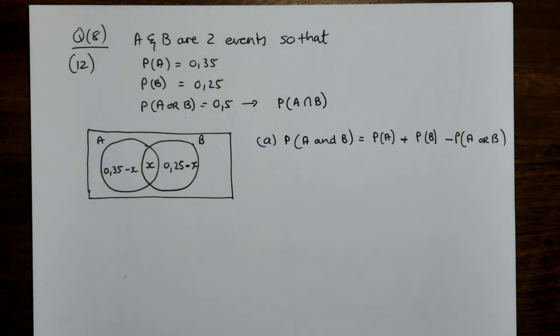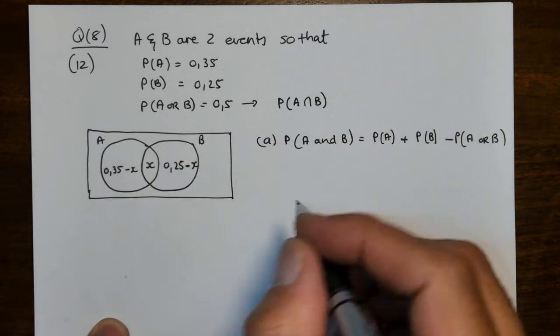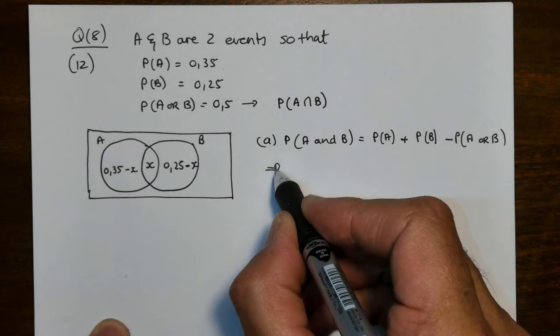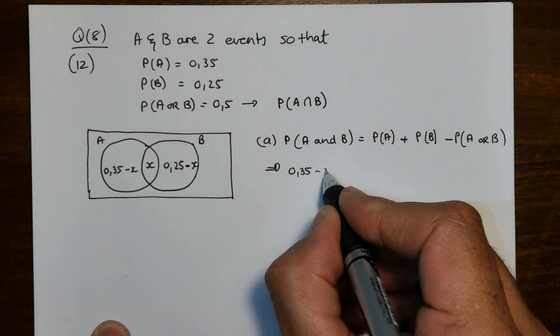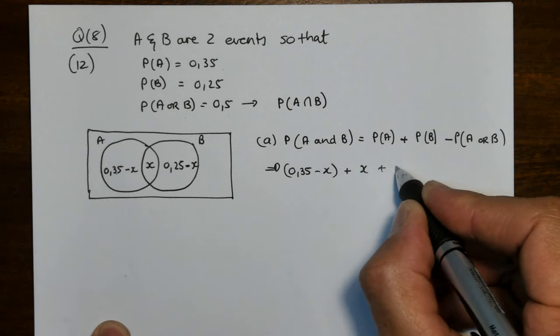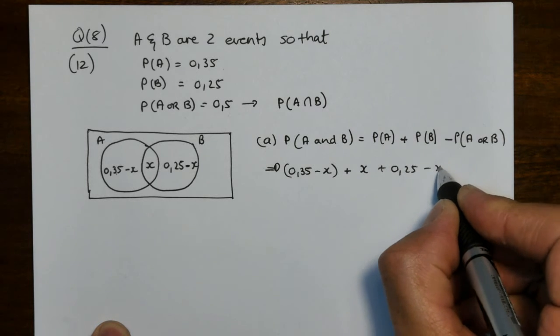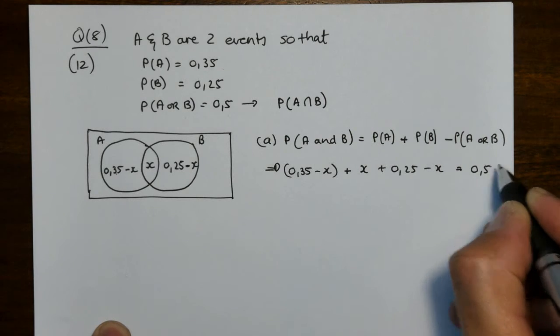And it's a 3-mark question, so it's really not that difficult. Okay, so if it belongs to A or B, I can say immediately that it's this probability 0.35 minus x, plus the x, plus the 0.25 minus x, and that must result in 0.5.